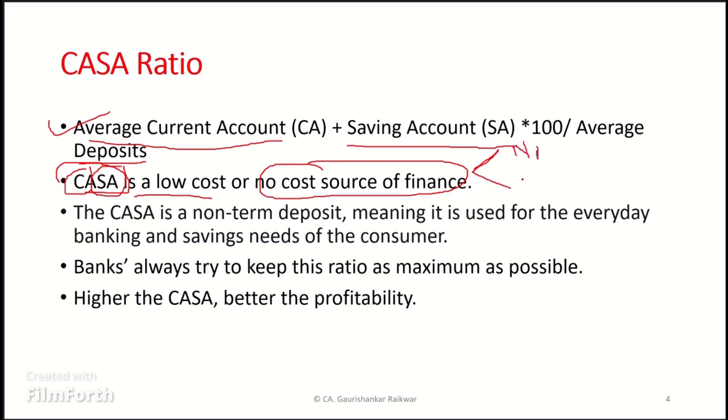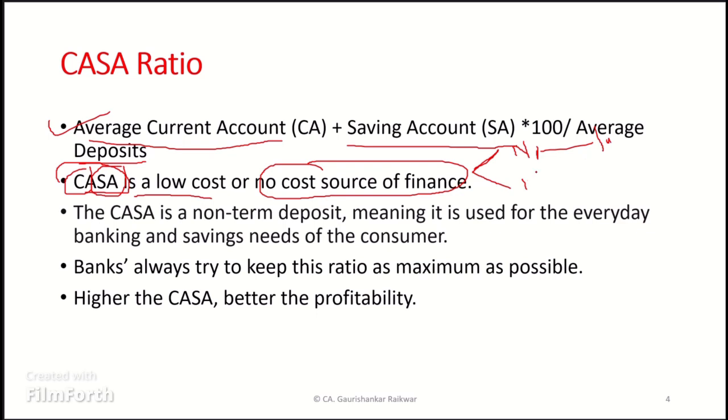low cost source of finance. The saving account is a very basic account, and banks offer only 3 to 4% rate of interest, and in case of current account there is no interest paid to the depositors.